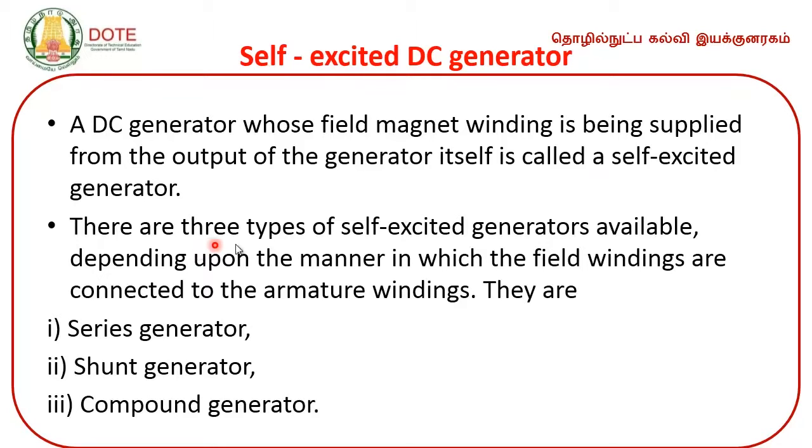There are three types of self excited generators available, depending upon the manner in which the field windings are connected to the armature windings. They are series generator, shunt generator, and compound generator.